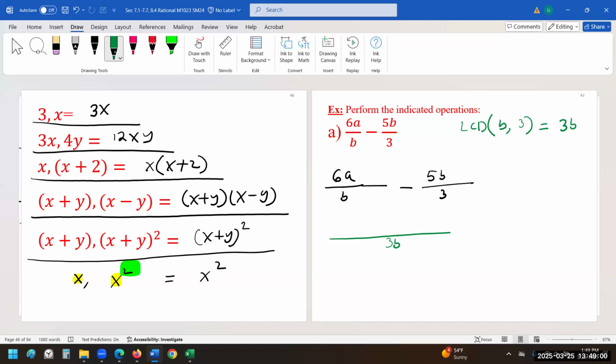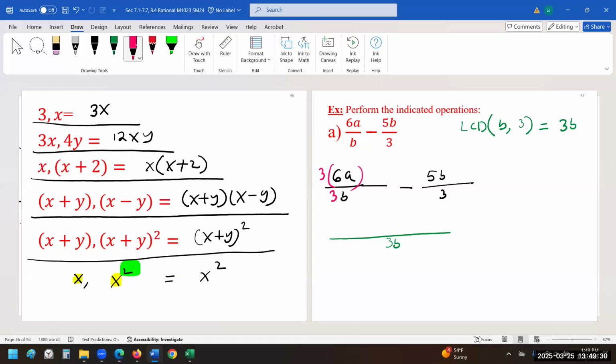So how can you convert b into 3b? Multiply by 3. But remember, equivalent expression. If you multiply the denominator, you also have to multiply the numerator. So 6a over b turns into 18a over 3b. And now we have 3 here, but we want the LCD 3b.